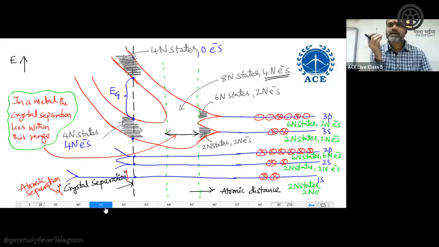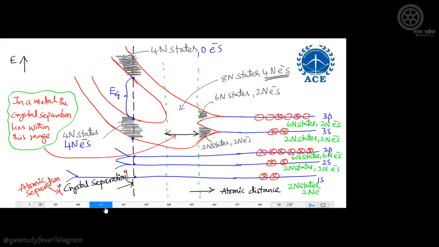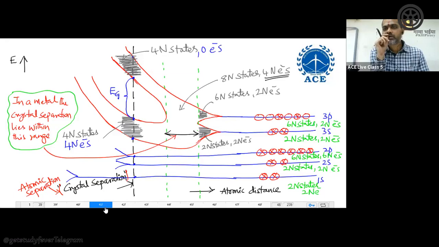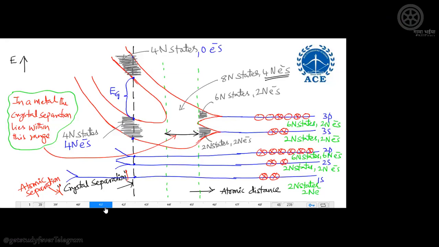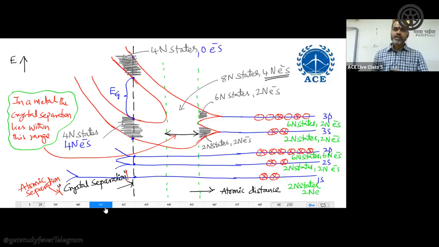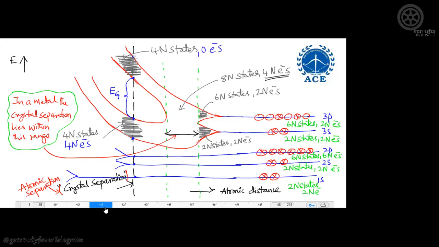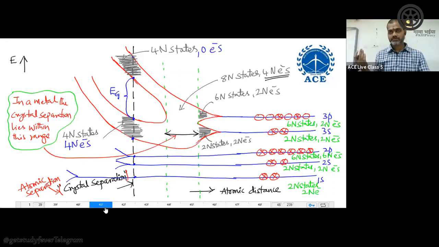That's what I'm telling you. The energy gap for an insulator is how much? Around 6 electron volts. So in that case you need to decide the interatomic distance such that the energy gap is a larger value. Is it okay? Okay, sir. Thank you, sir.